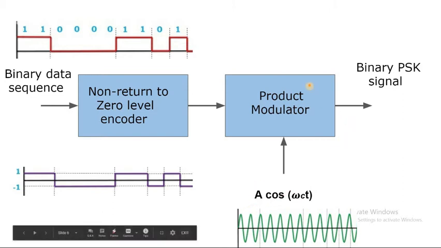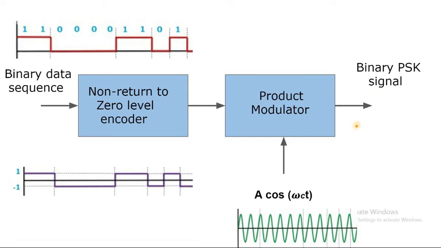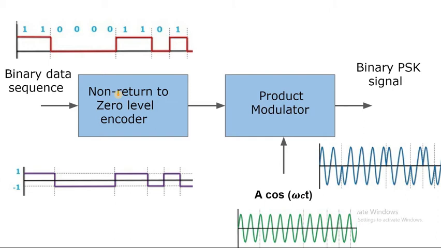The output of the BPSK signal is as follows. When the input bit is 1, the output of the bipolar NRZ is a positive constant voltage, say plus 1 volt, which is multiplied with the carrier A cos omega c t during the bit slot in the product modulator.